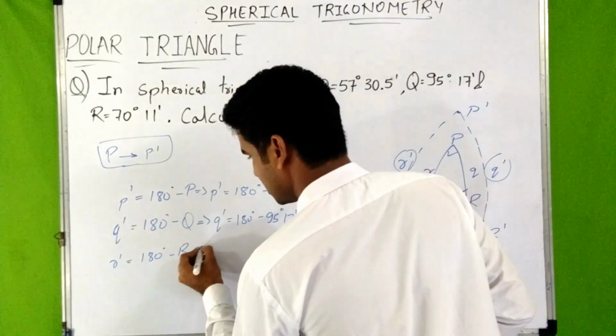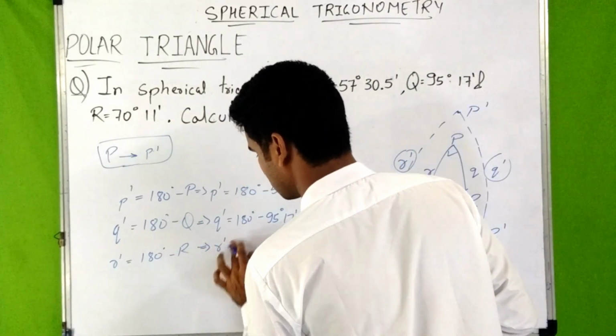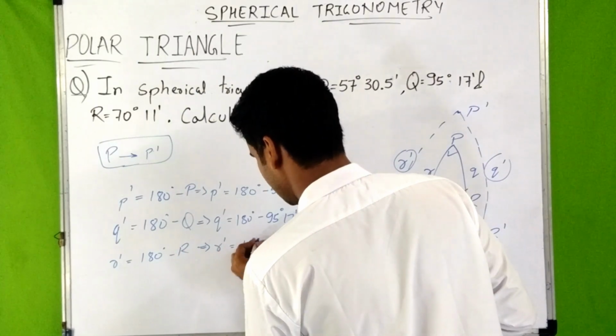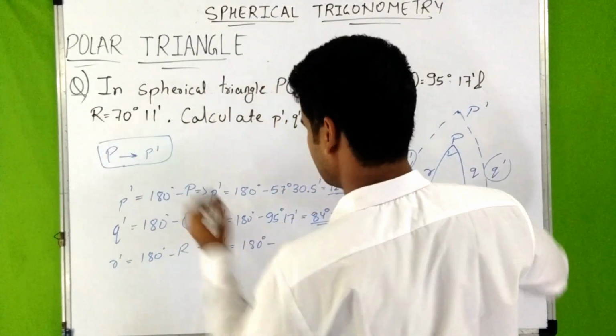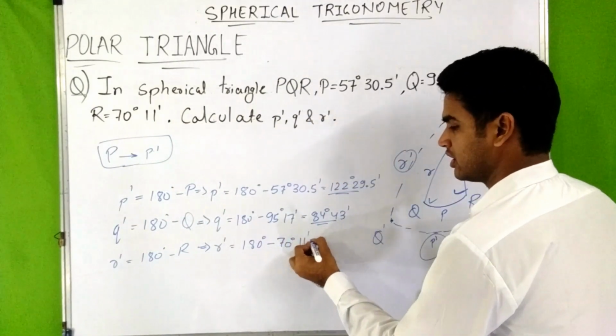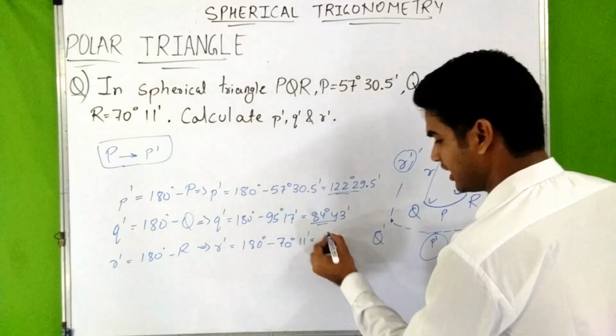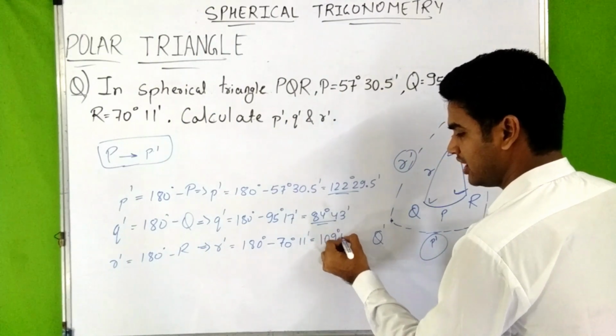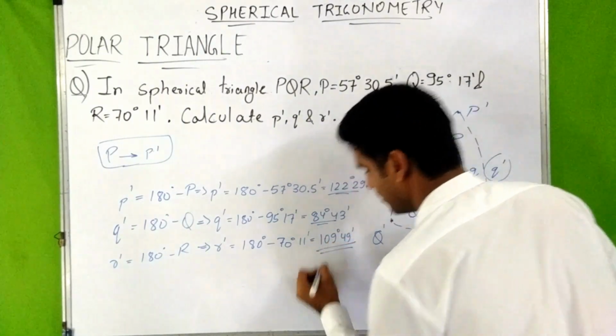And similarly, small r dash is 180 degree minus capital R. Capital R is 70 degree 11 minutes. Putting this on the calculator, you will get 109 degree and 49 minutes.